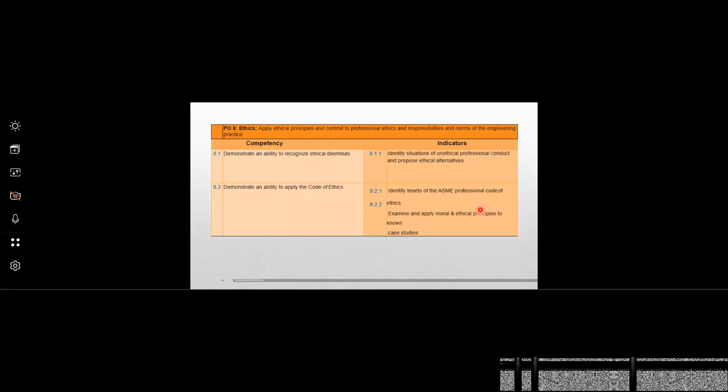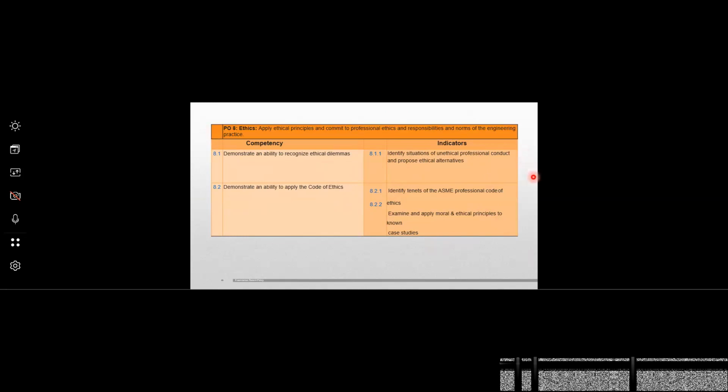things, right? Okay. See, similarly, we have PO8 ethics. See, in our curriculum, we have professional ethics and human values, right? So here also we have 1-2 competencies, and we have indicators which is measured, which is already indicated here. So we need to see that while you are teaching the course, first of all, you know what are the course outcomes.